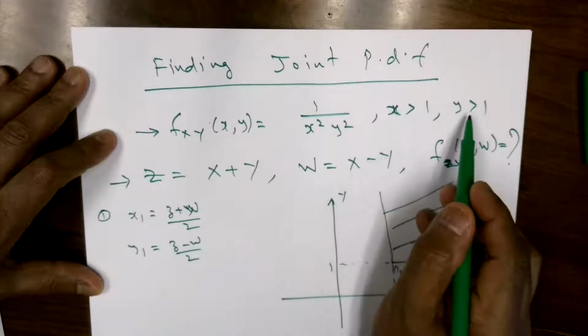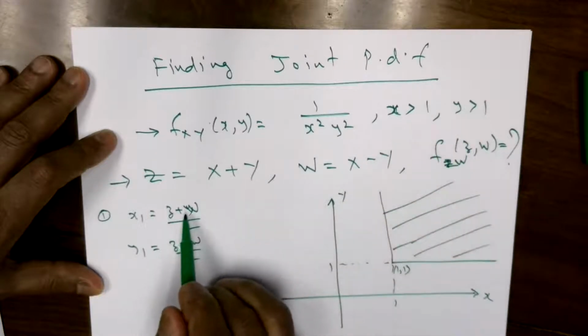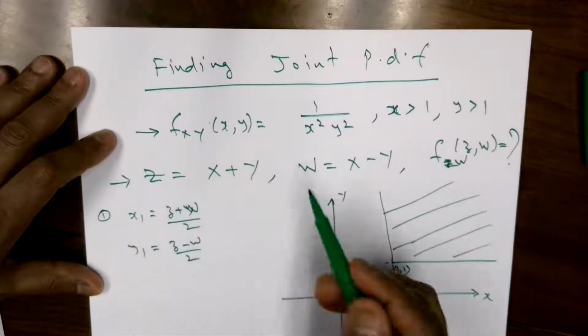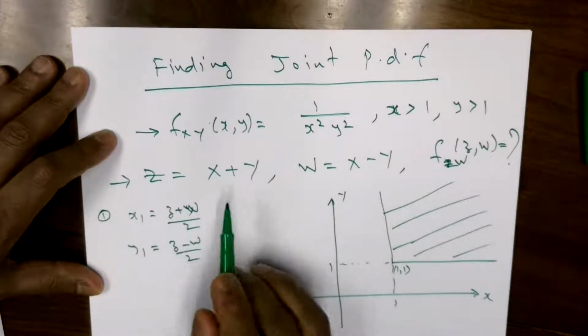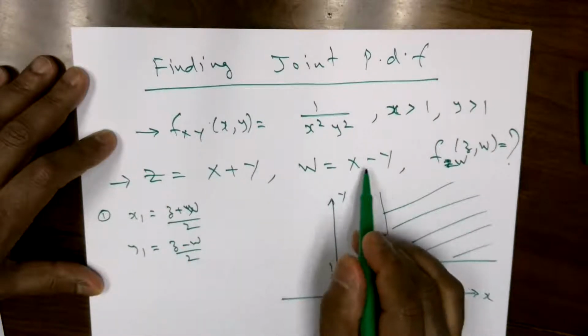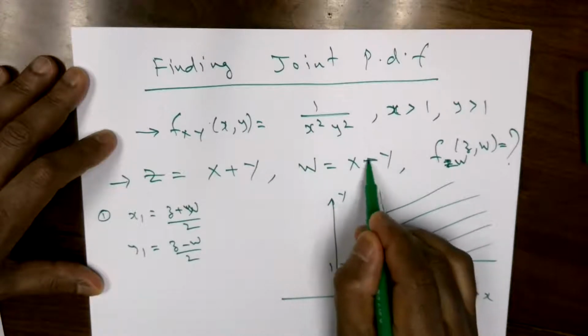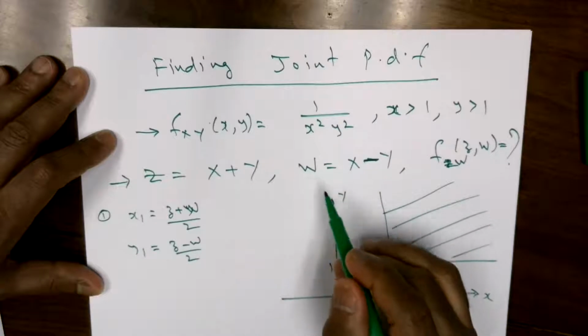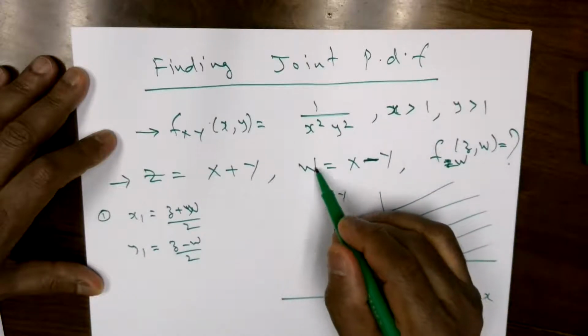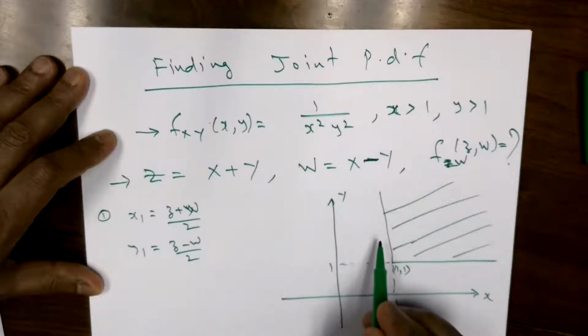But notice that x is greater than 1, y is greater than 1. So x plus y, of course, will be greater than 2. So that's one condition on z. And w, notice that it's x minus y. Because of the minus sign, this could be larger than this. So we see that w could go from minus infinity to plus infinity.